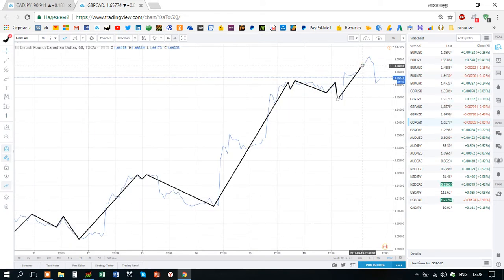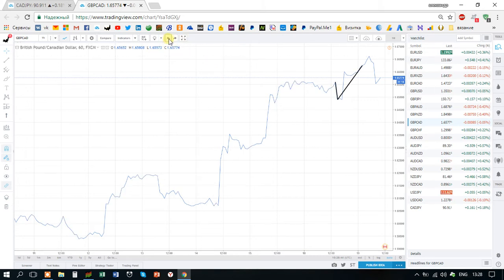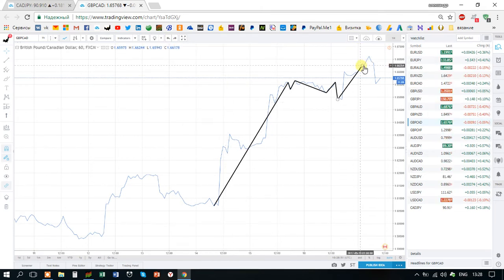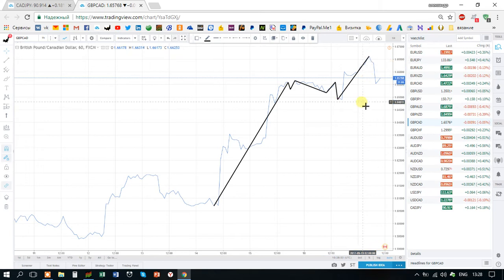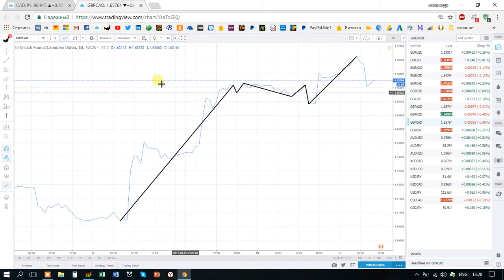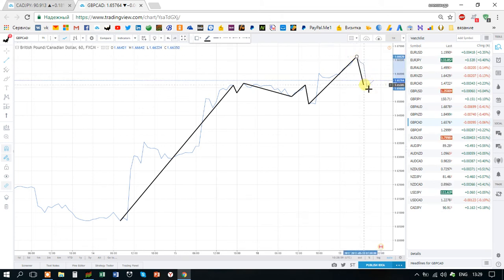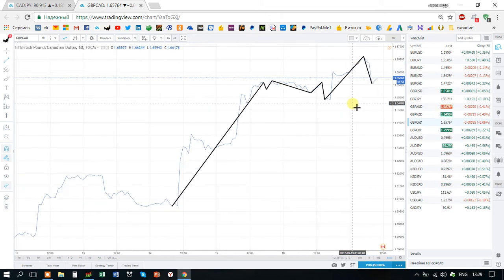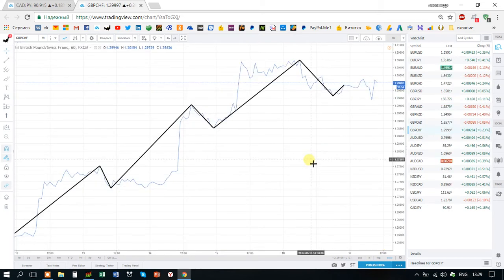GBP Canadian. One of the most profitable pairs, GBP Canadian. It likes harmonic patterns, it likes advanced patterns, it is very friendly to those patterns. Euro-dollar, by the way, is one of the worst pairs for trading harmonic and advanced patterns.